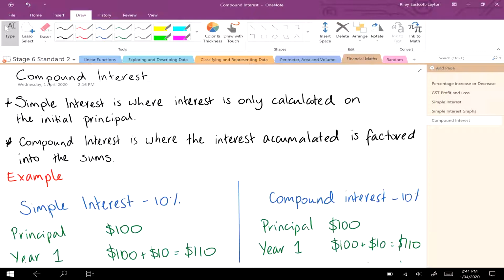Now, compound interest is a little bit different. It's where the interest is factored into our calculation. So if we think back to our last example, we have $1,000, and we take that $1,000 and we add the $100 that we get after the first year. After the second year, we now get 10% of that $1,000 and the $100, or $1,100.